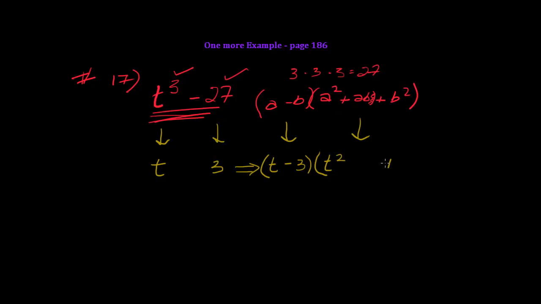Take the last term here, which is 3 squared, which is 9, and take the positive product of these two terms. The positive product would be plus 3 times t. And that is how that is done.